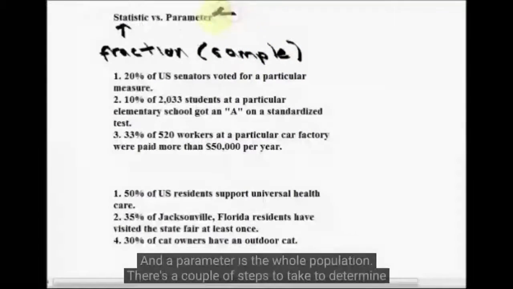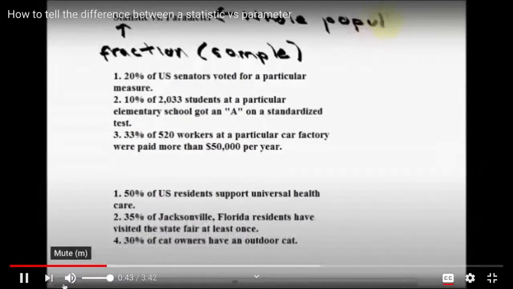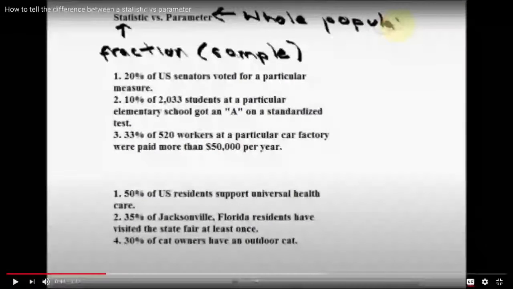And a parameter is the whole population. Okay, so it's just using different words. The statistic is the fraction of the population, referred to as the sample, and the parameter is the whole population. So if you see those words, you know parameter equals whole population and statistic equals sample.